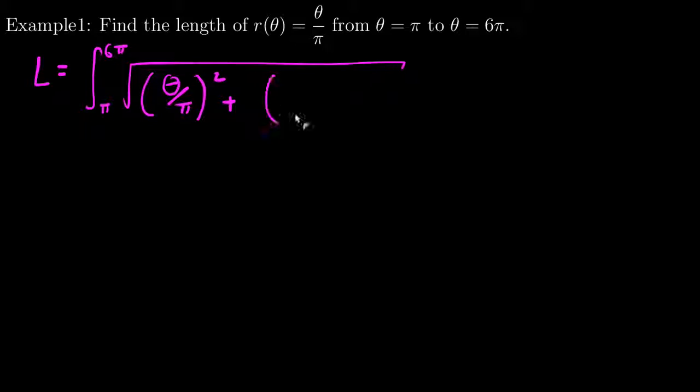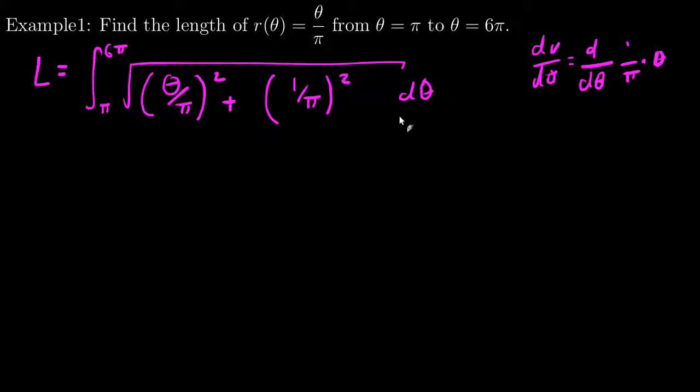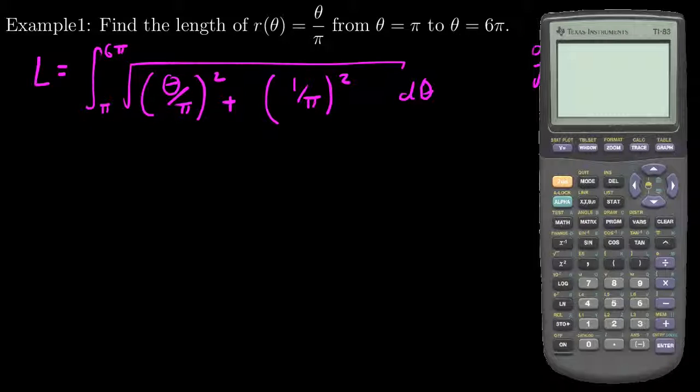dr d theta squared. Well, dr d theta is just the derivative with respect to theta of 1 over pi times theta, and this is linear, so that derivative is just 1 over pi. I'm going to go to my calculator, and I can use x in place of theta to make my job easy.